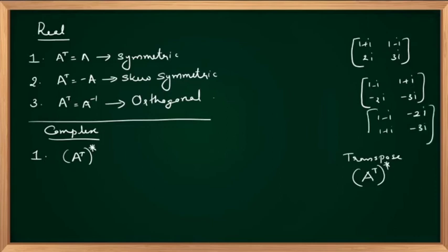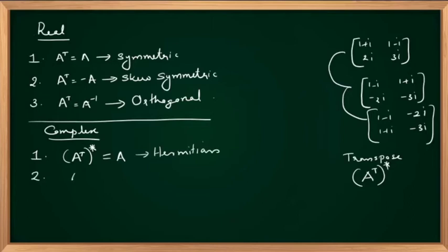So this matrix conjugate and then transpose, the resultant will be this one. So you need to interchange rows to columns, columns to rows, and then take conjugate of each and every element. That is what is meant by A transpose whole conjugate. Correct? So A transpose whole conjugate equal to A. We call that matrix, it's in the class of symmetric, but we call this special matrix as Hermitian matrix.